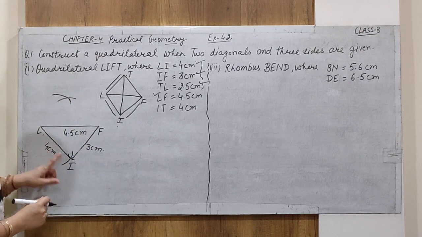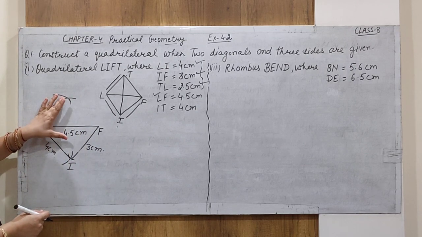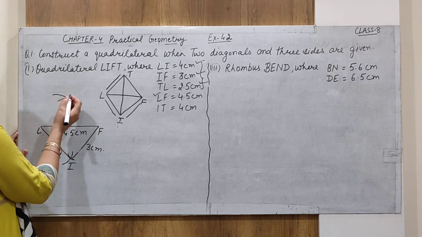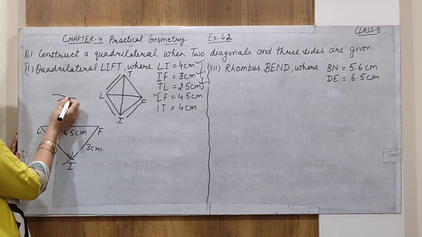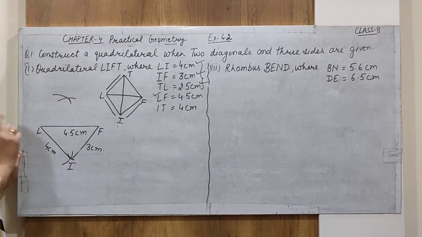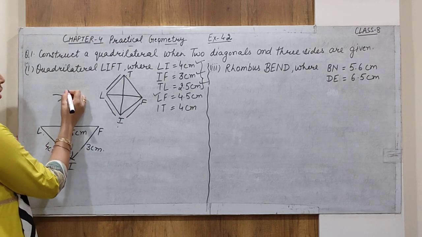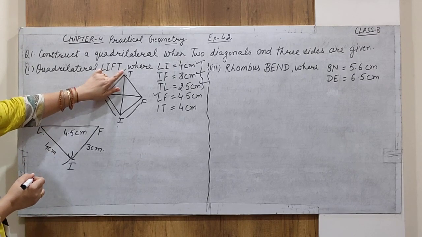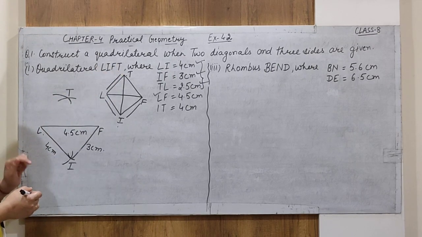Alright, like this. From this point, you have to draw one arc considering I as center, so that when the two arcs intersect with each other, we get another point, that is T, which is required to complete the quadrilateral.